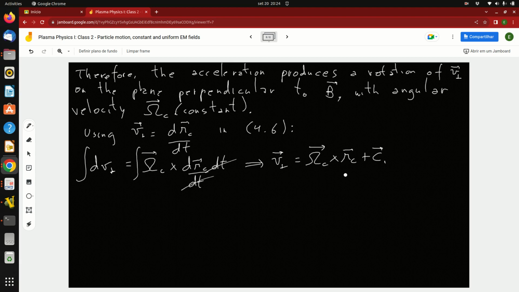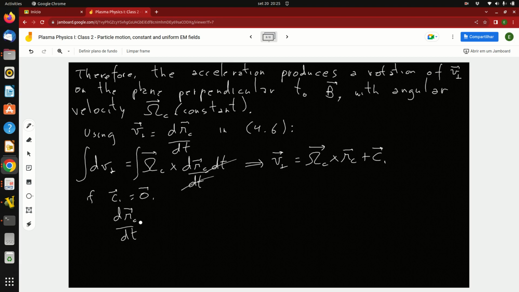If you had as your initial condition a particle that was already in rotating motion surrounding B, then this constant can be made equal to 0. So let's choose C1 equal to 0. drc dt is just the perpendicular velocity.